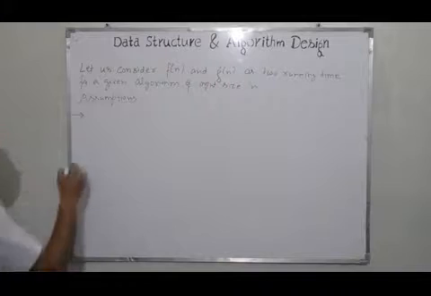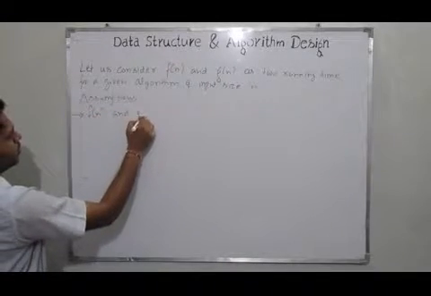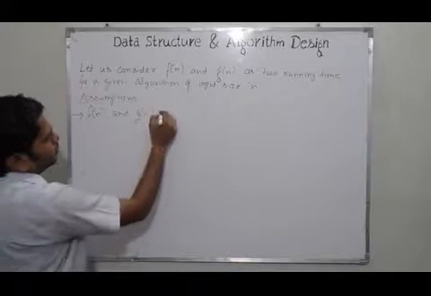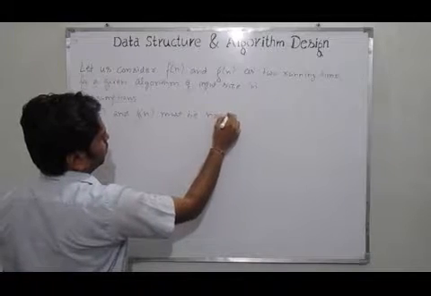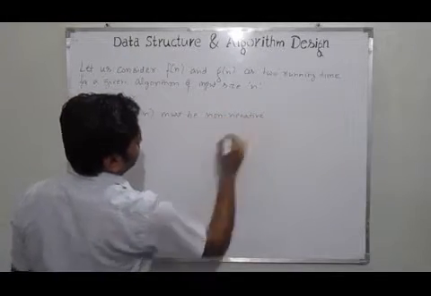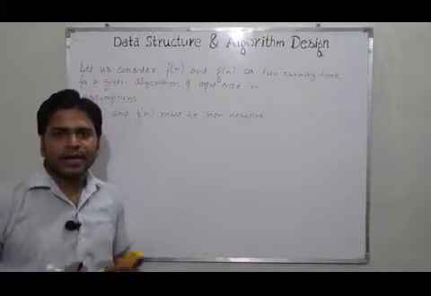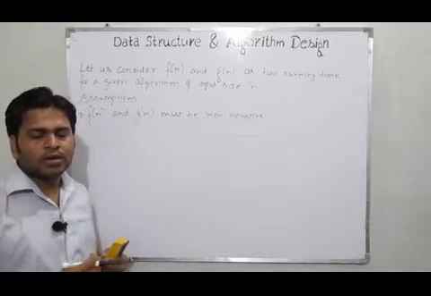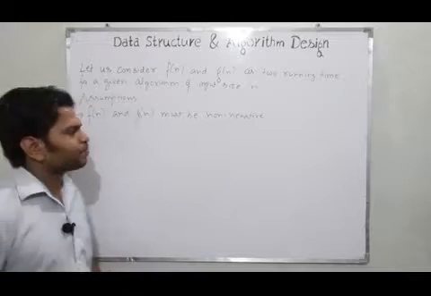and the assumptions basically are: number one, Fn and Gn must be non-negative. It is a known fact that running time cannot be expressed in negative terms. So here Fn and Gn must be non-negative.